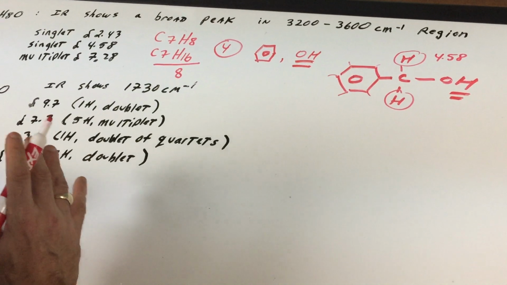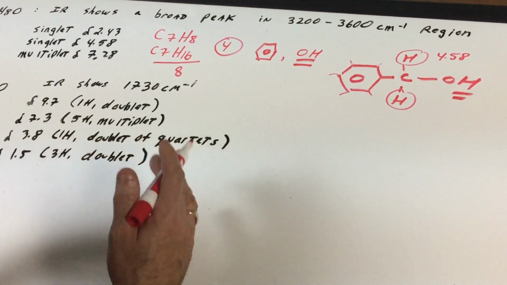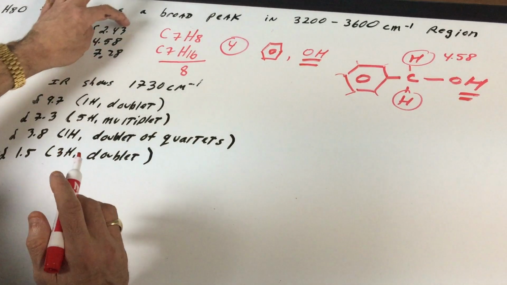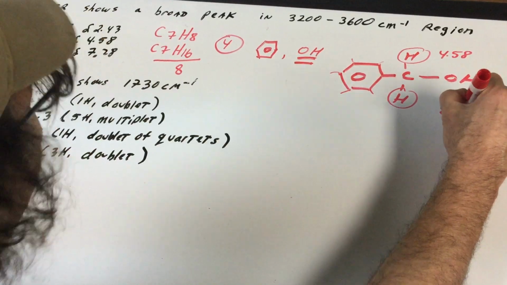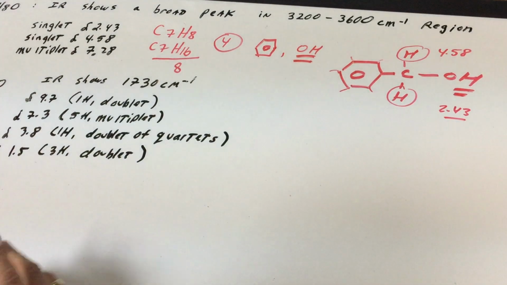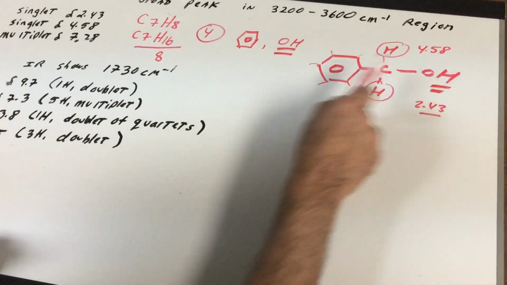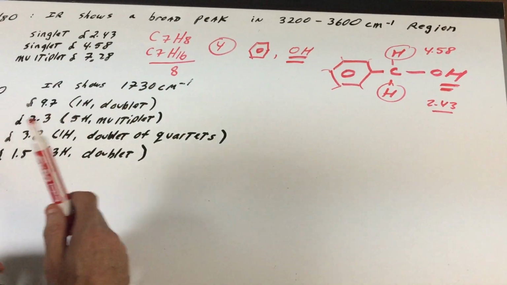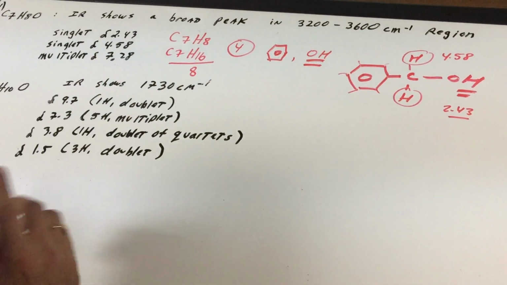It can sometimes be midfield, it can sometimes be downfield or upfield, depending on the concentration. In this situation, that was the singlet at about 2.43. I don't think you'll have to worry too much about that, but just be careful. If you see an OH group, the signal could vary. All right, so the answer was benzyl alcohol for that question.